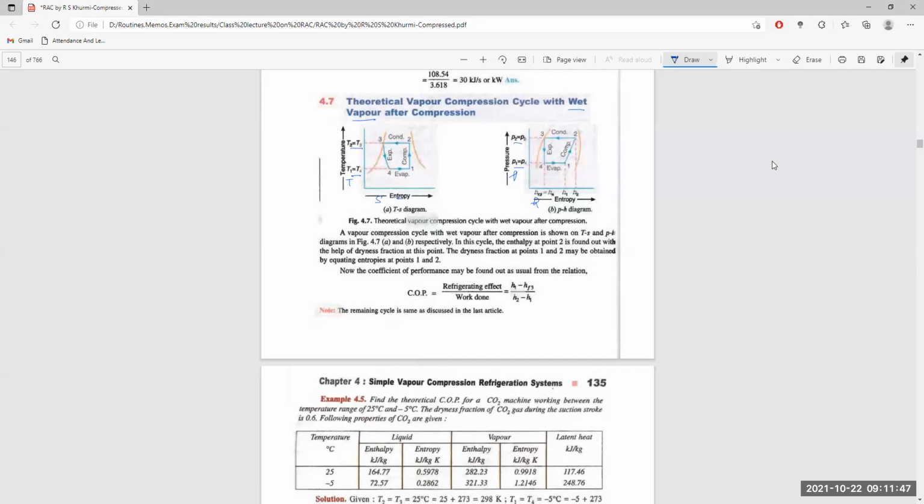And the condensed liquid refrigerant, when it comes out of the condenser, lies on the saturation line. But now we are thinking of a situation where after the compression, the refrigerant remains vapor to a certain extent.